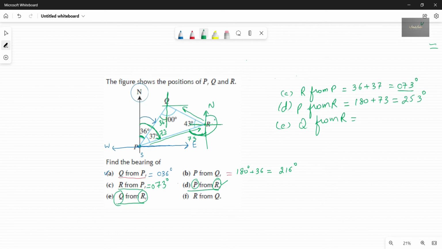You can see 0, 90, 180 plus 73 plus 43, so we are getting the bearing angle. The bearing angle should be till here, right? Because the QR line is in this direction, so it's easier. We are using the previous answer, 253, plus 43, the triangle angle, right? So it will be 296 degrees.